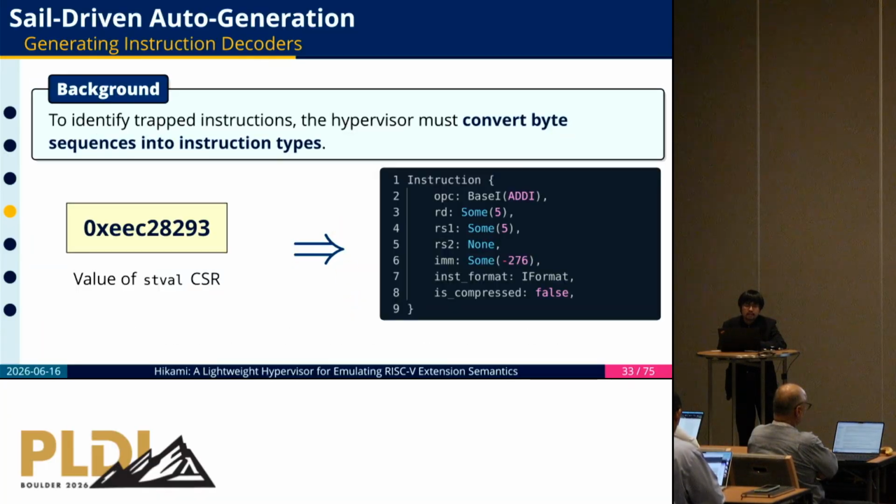And the second part of our framework is automatic generation of instruction decoders. To handle traps, the hypervisor must convert raw binary sequences from guest memory into structured instruction objects. Writing these decoders manually is extremely tedious and error-prone due to the complex bit field mapping in RISC-V.